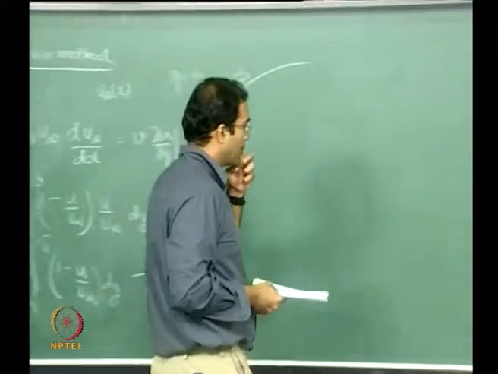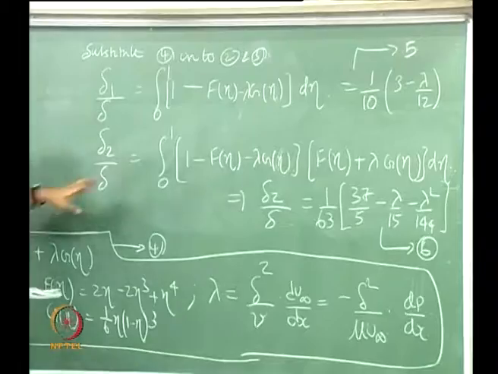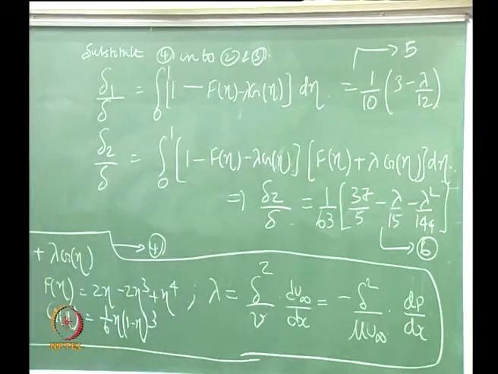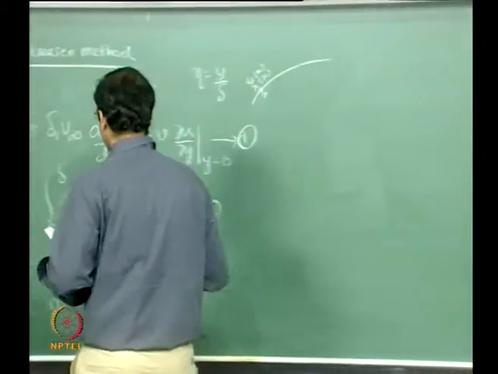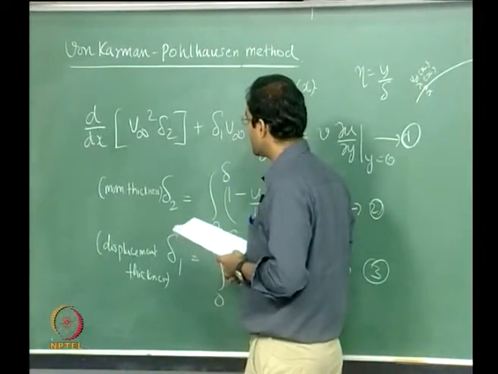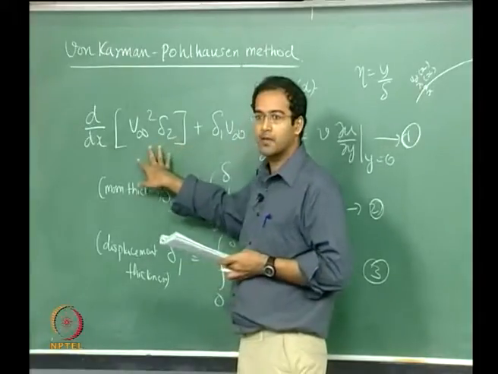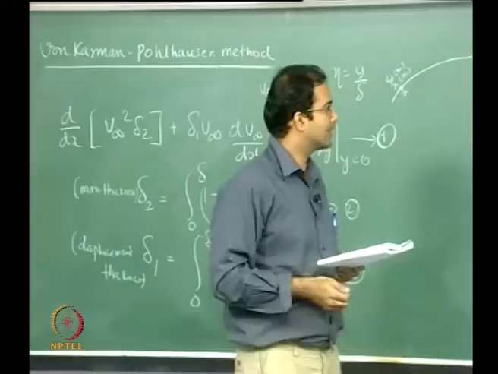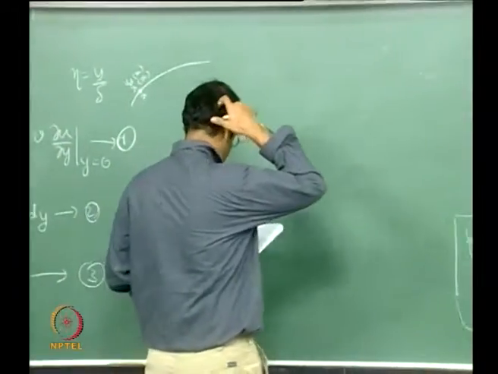Okay, so once we have estimated this, we will now substitute this into the momentum integral 1. Before that, we are going to slightly rewrite the momentum integral such that we will eliminate terms which are appearing in terms of delta. Okay, we will reconstruct the momentum integral.